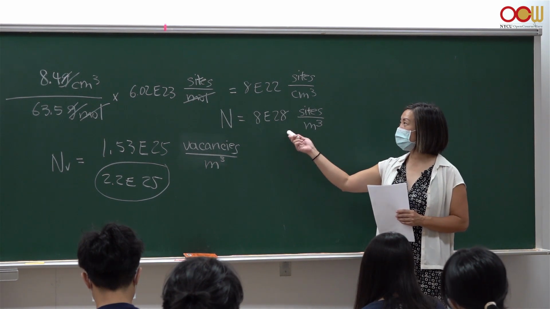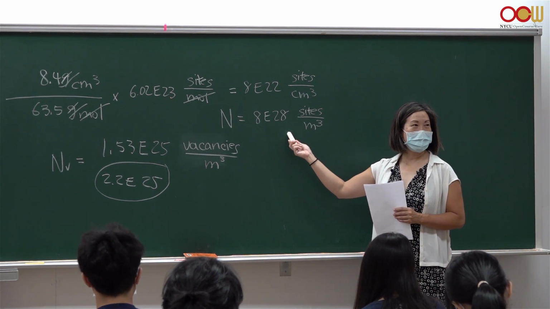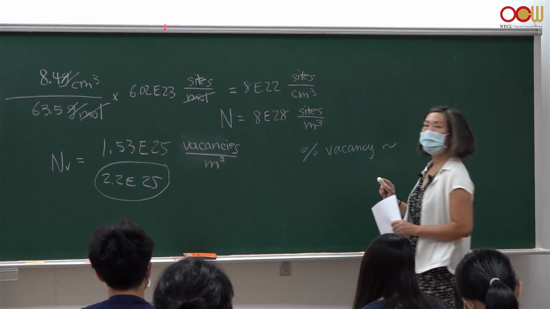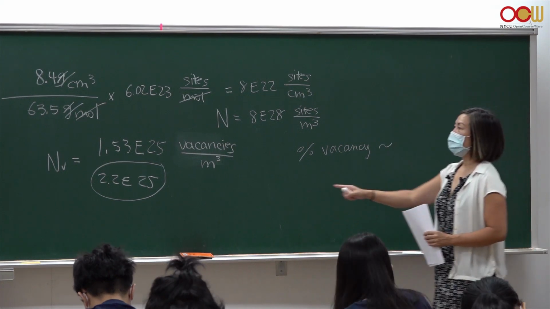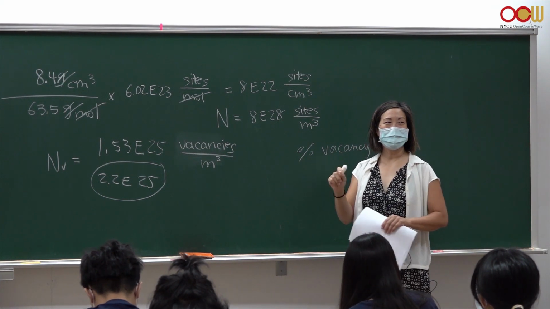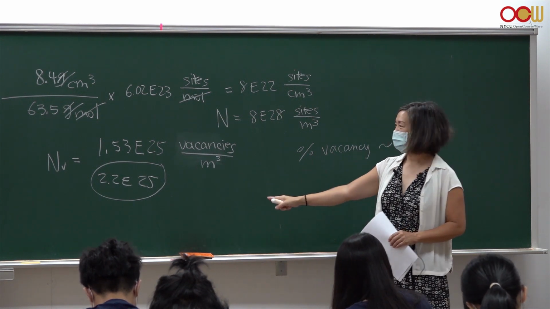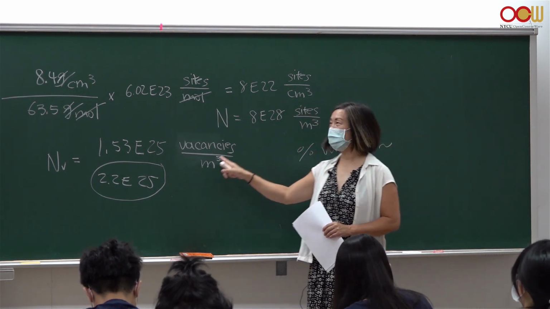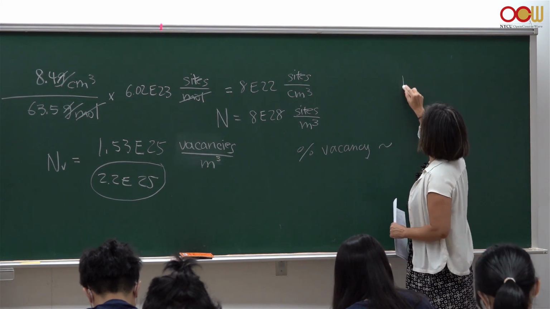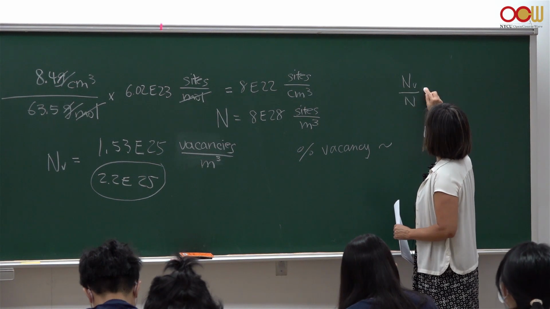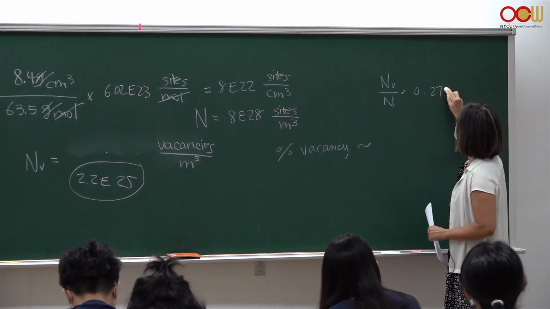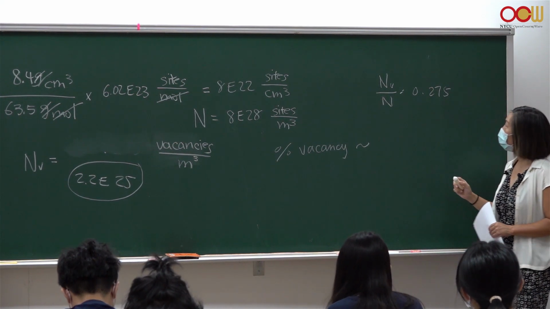So number of vacancies divided by number of total sites. What number do you get? Anyone give me a number? What is this number divided by this number? I don't have a calculator on me. So if you just take 2.2 times 10 to the 25 divided by 8 times 10 to the 28, you get V divided by N equals. Okay.